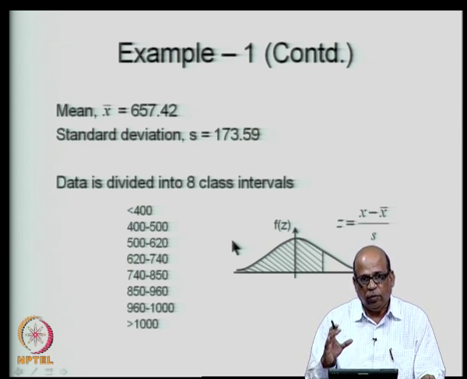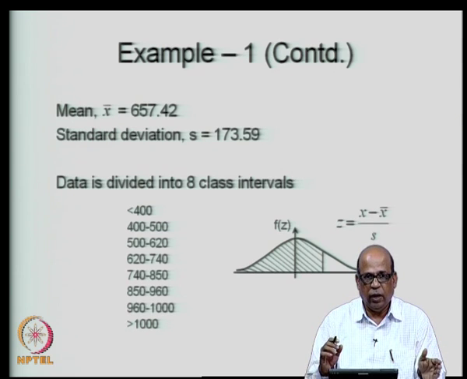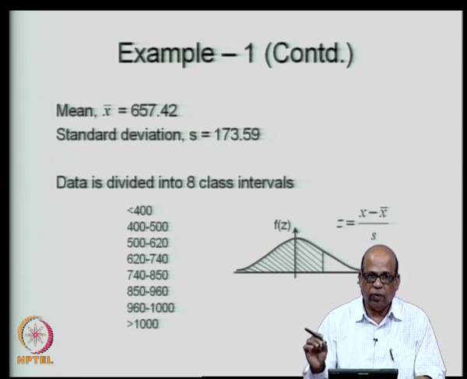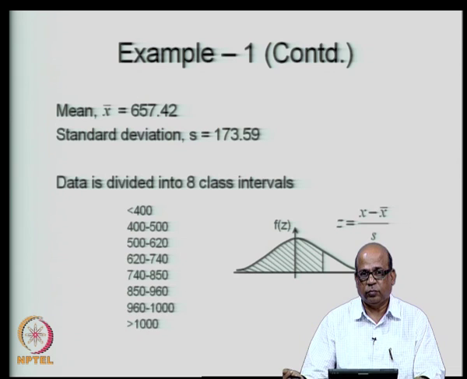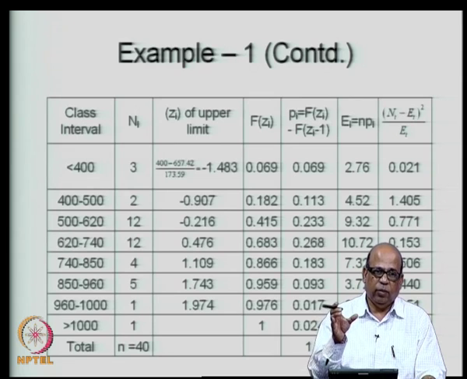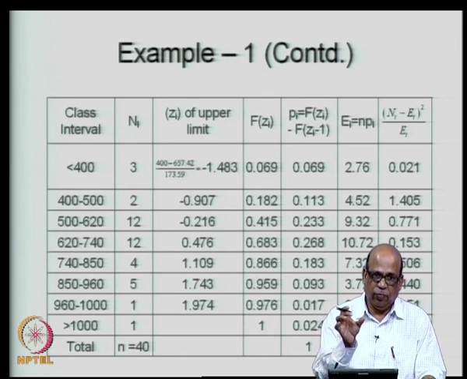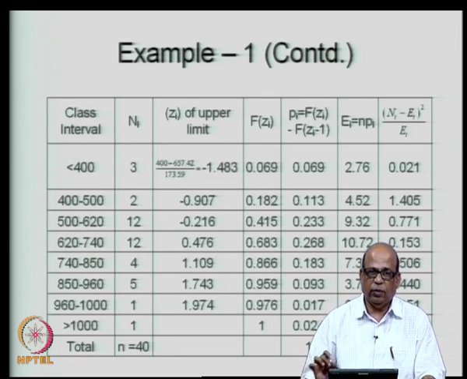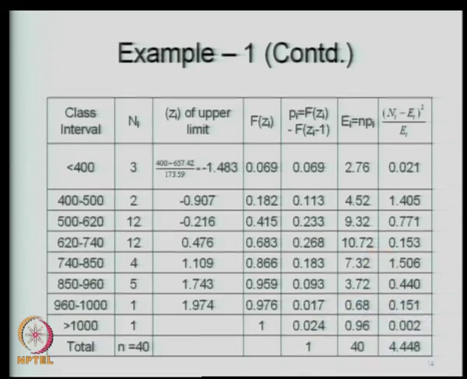So, corresponding to each of the class intervals, on the one hand we have the observed relative frequency and on the other the expected relative frequency, or in this particular case we directly have the observed number and the expected number. How do we get the expected number? Expected number is simply the probability of that particular interval multiplied by the total number, because the probability is simply the relative frequency Ni by n.